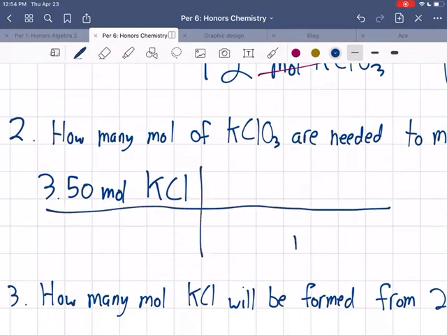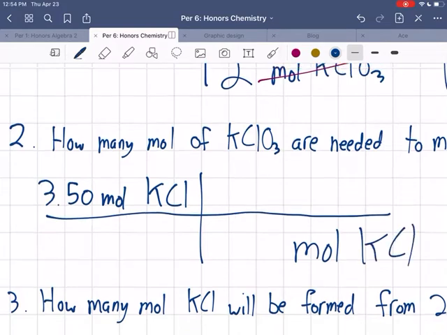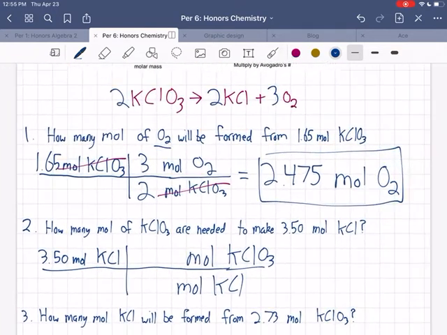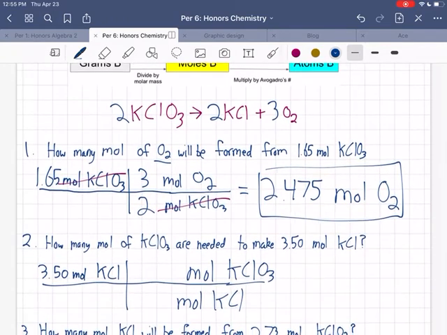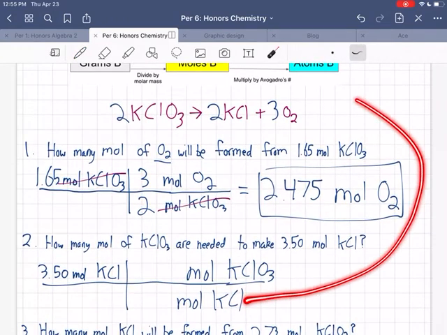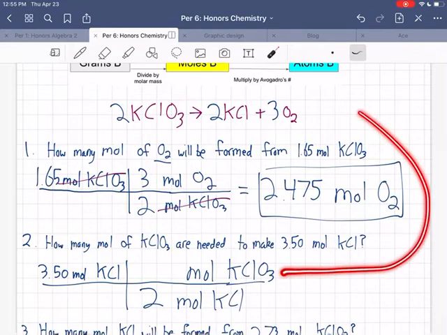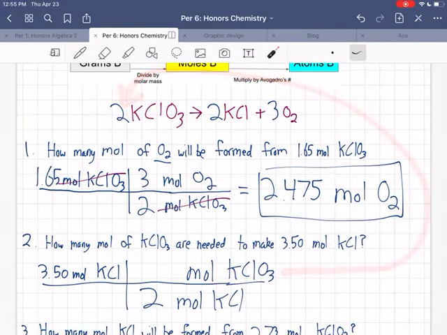All right, we want to divide that by the same unit, moles of KCl, and we are trying to get moles of KClO3. Let's look at our equation to see what the ratio is between these two things. Our moles of KCl come from right here, 2. Our moles of KClO3 comes from right here, also a 2.